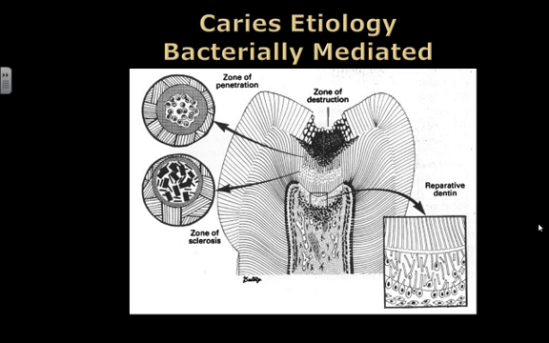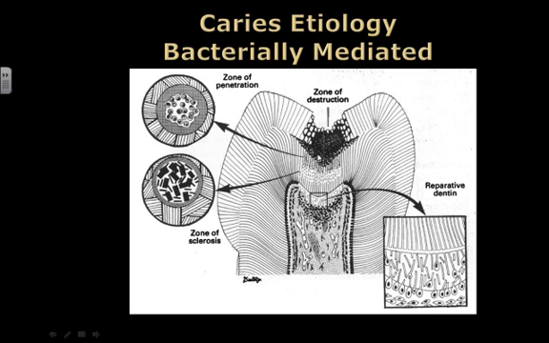When we take a look at the caries etiology, it is bacterially mediated. In this line drawing of pit and fissure occlusal caries, the zone of primary destruction is in the occlusal pit and fissure. It penetrates the enamel, and you have the zone of penetration until it reaches the dentino-enamel junction.